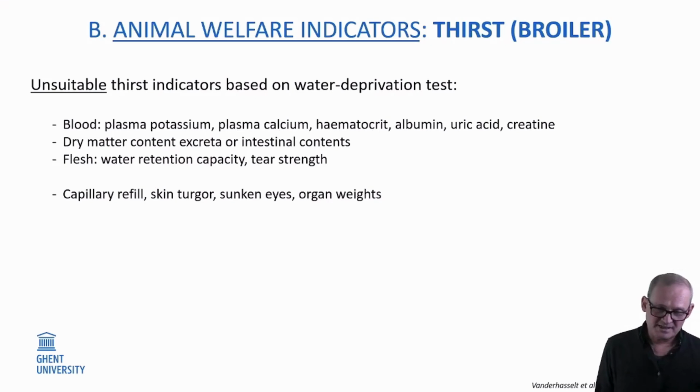What would be easy to use would be indicators that don't require any lab analysis or any sampling at all, simply looking at a sample of animals to give information on whether they are dehydrated or not. Indicators that are sometimes suggested include the capillary refill, the skin turgor, sunken eyes, or the organ weights, but in this study they were not found to be well associated with the duration of dehydration.